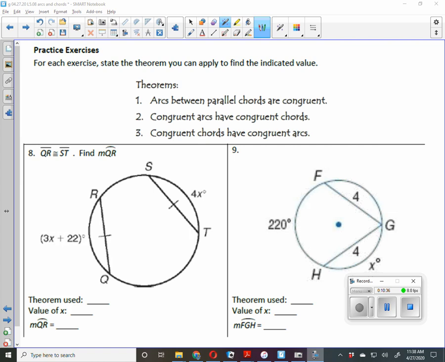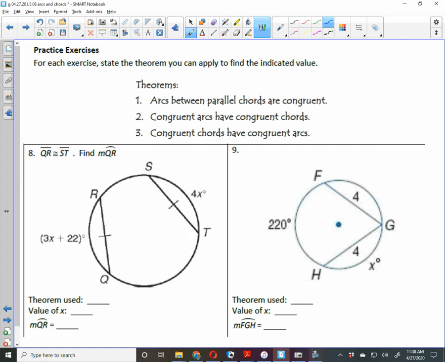And now I can go ahead and say, hey, look, I know then that 4x is equal to 3x plus 22. So there, subtract 3x and we get x is equal to 22. Theorem used is if chords are congruent, then the arcs are congruent. That's 3. Value of x is 22.